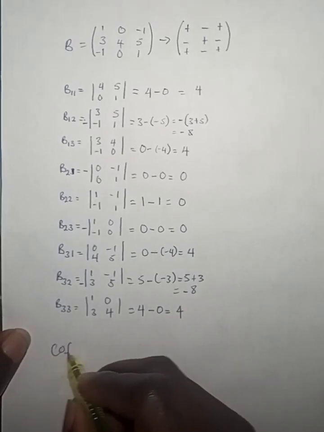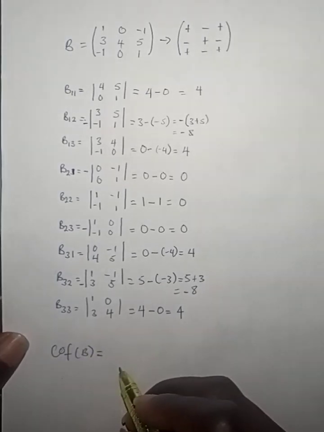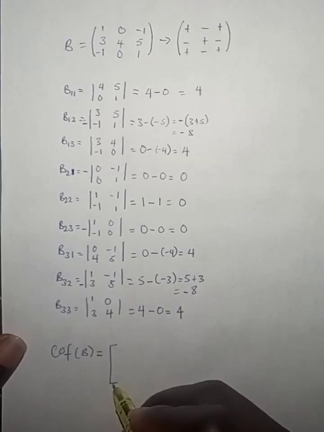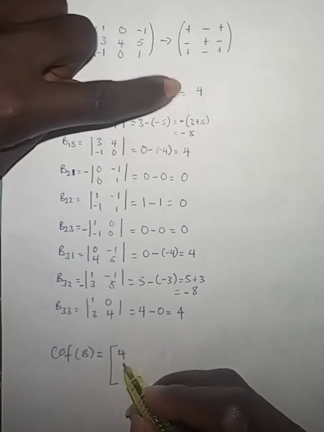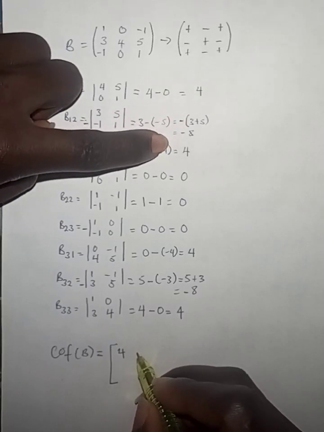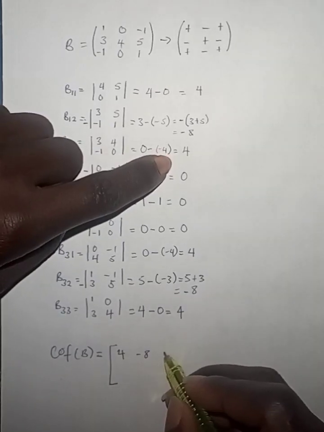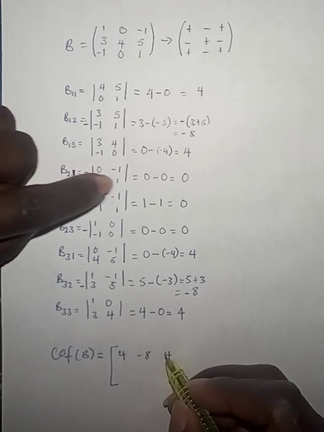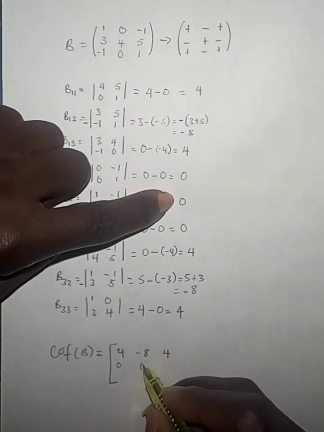So the cofactor of B will be equal to: b11 is equal to 4. b12 is minus 8. b13 is 4. b21 is 0. b22 is 0.